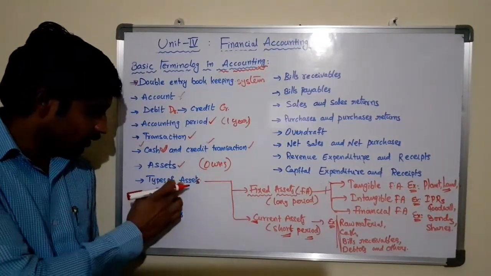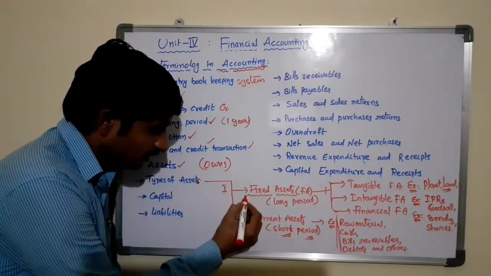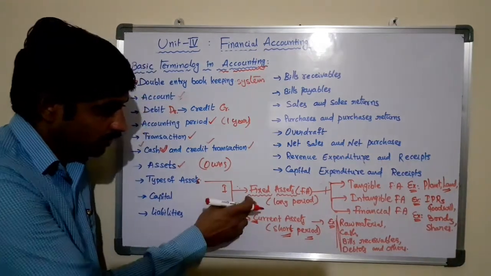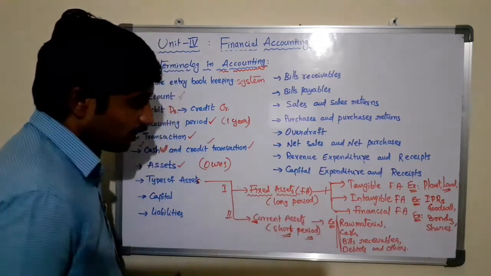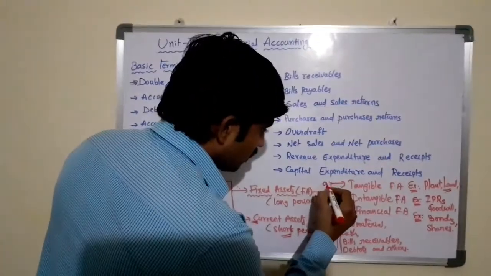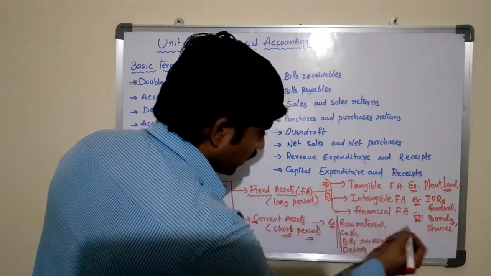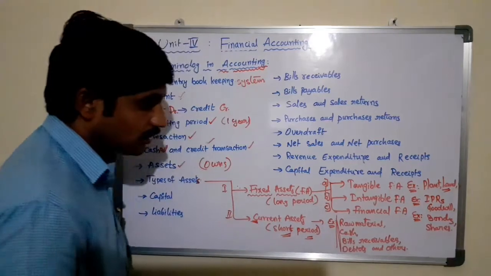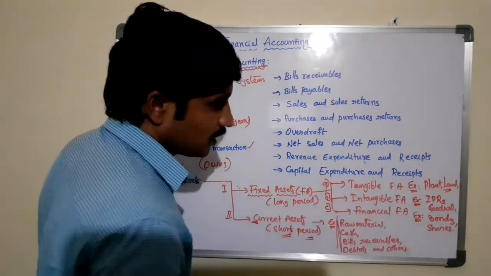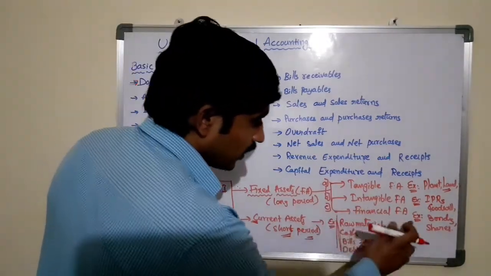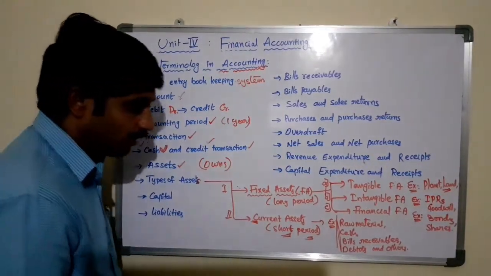So here there are basically two types of assets: fixed assets and current assets. Fixed assets give service to the company for a long period, and are subclassified into three: tangible fixed assets, intangible fixed assets and financial fixed assets. Tangible fixed assets we can see and touch, intangible fixed assets we cannot see and touch. Financial fixed assets are like bonds and shares, in the form of paper.